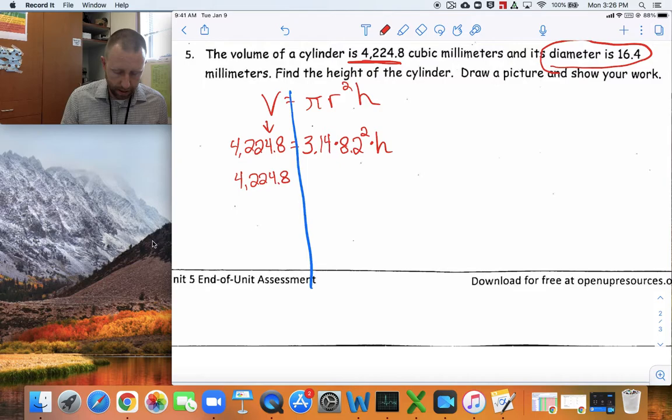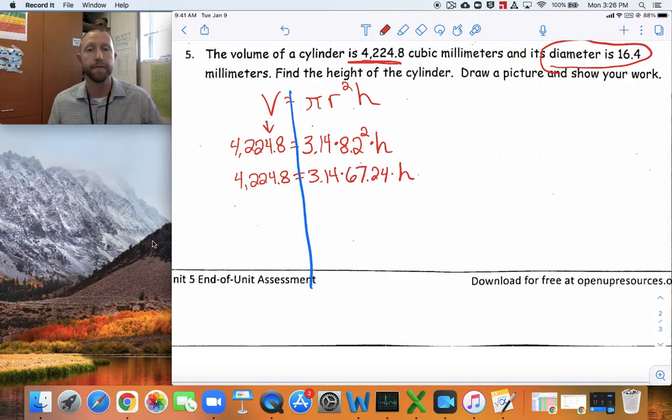So I've got 4,224.8 equals 3.14 times 8.2 squared. I'll use my calculator real quick. 8.2 squared is 67.24 times h. Right, so I simplified the exponent. Now I can do multiplication. 3.14 times 67.24.